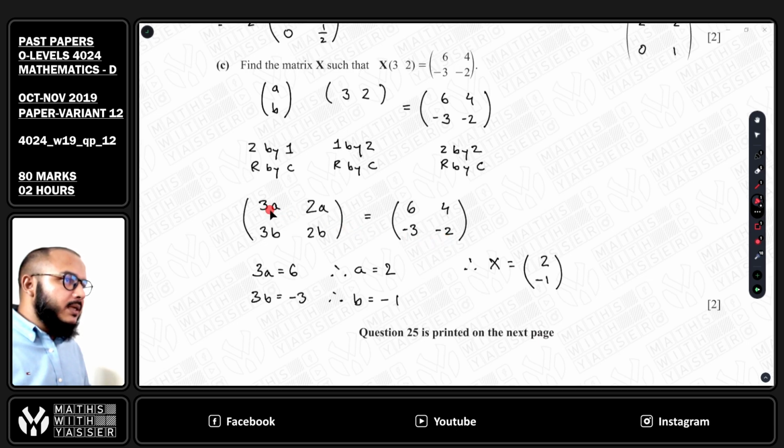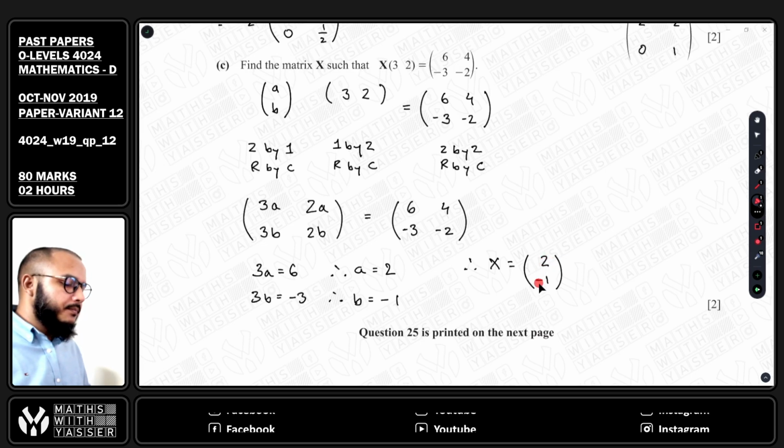So this element is representing this. So I can say 3a is equal to 6. Similarly, 3b is equal to minus 3. So therefore, a will be 2 and b will be negative 1. Therefore, the matrix X should be 2, minus 1.